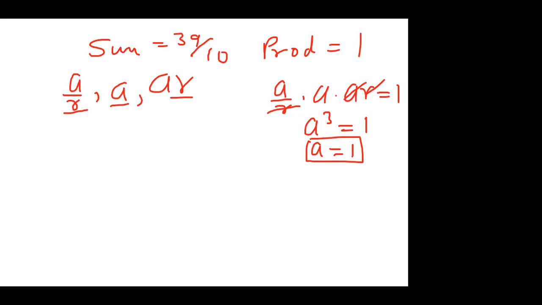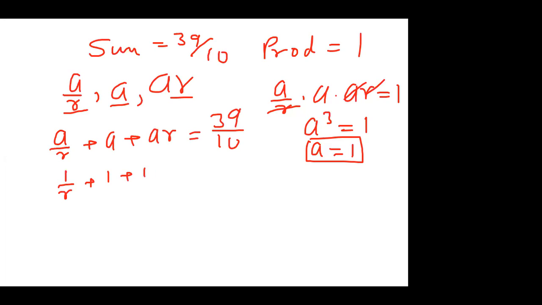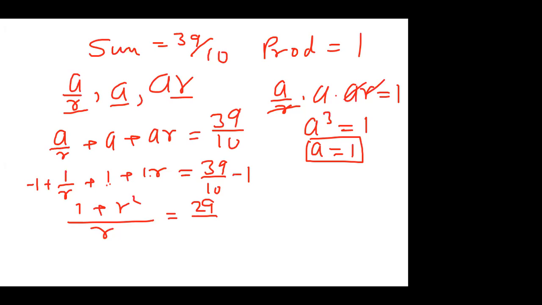Now the sum: A upon R plus A plus AR equals 39 upon 10. The value of A is 1. So 1 upon R plus 1 plus R equals 39 upon 10. I'm taking 1 to the other side and taking the LCM for the rest. 1 plus R square equals, taking 1 this side, minus 1, it will be 29 upon 10.